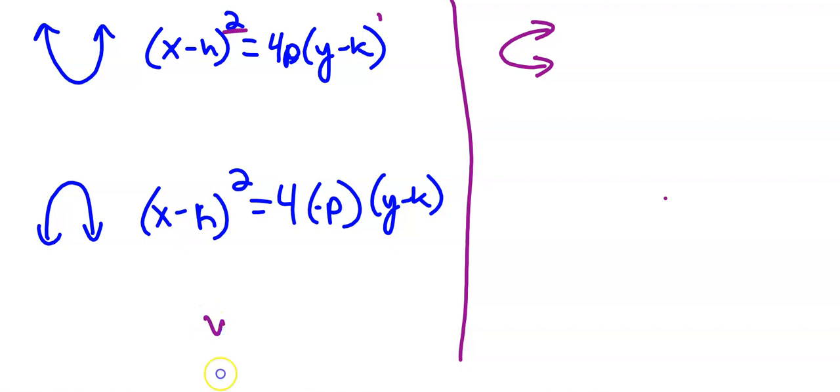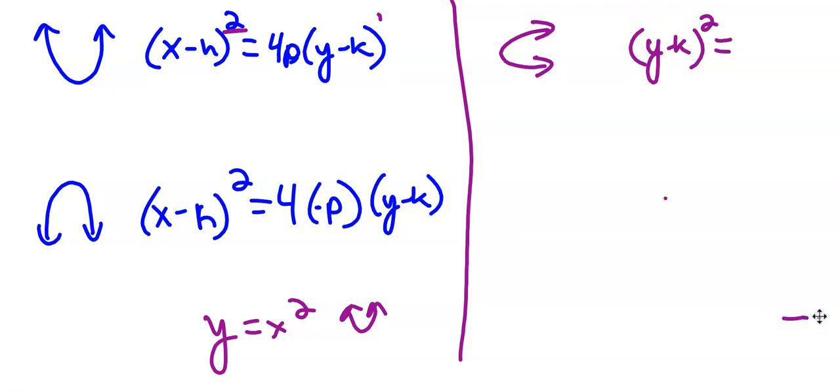We're used to seeing that parent function y equals x squared, and we know it opens upwards. But if we were to switch it around and make it the y minus k term squared, then we've got something that's opening up sideways. So notice all I did really is switch around these two in parentheses from over here. Since p is positive, just like when it opened up towards the positive values on the x squared term, it's going to open up towards the positive terms, or to the right, when p is positive over here.